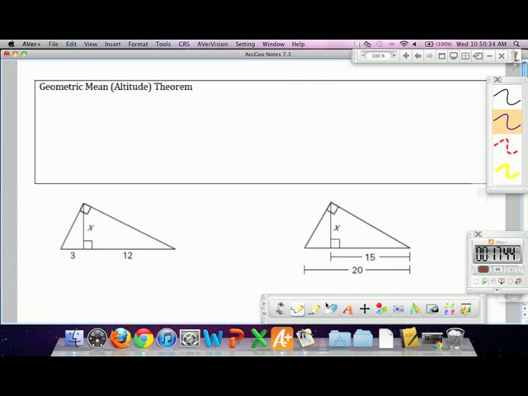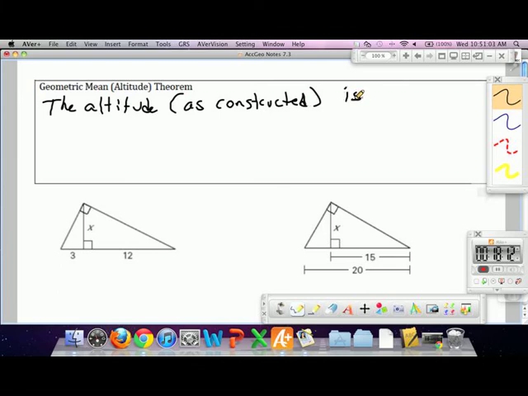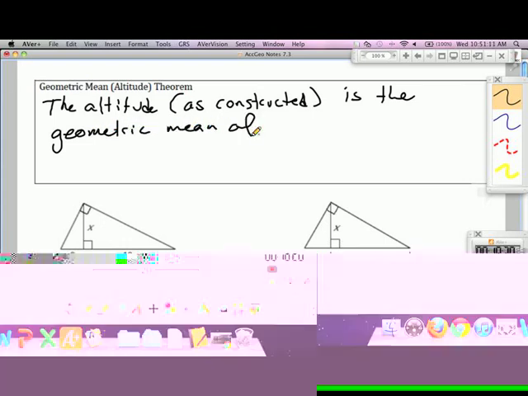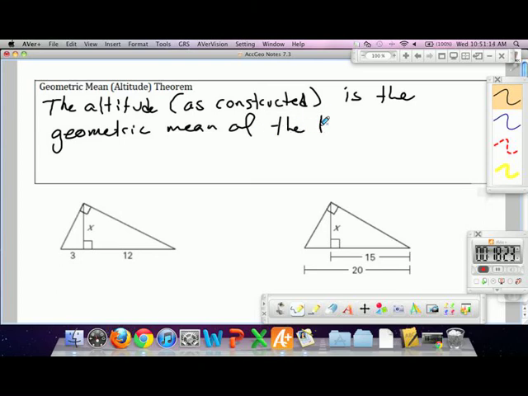Simply put, the altitude, as we've constructed it in the front side, is the geometric mean of the two parts of the hypotenuse.